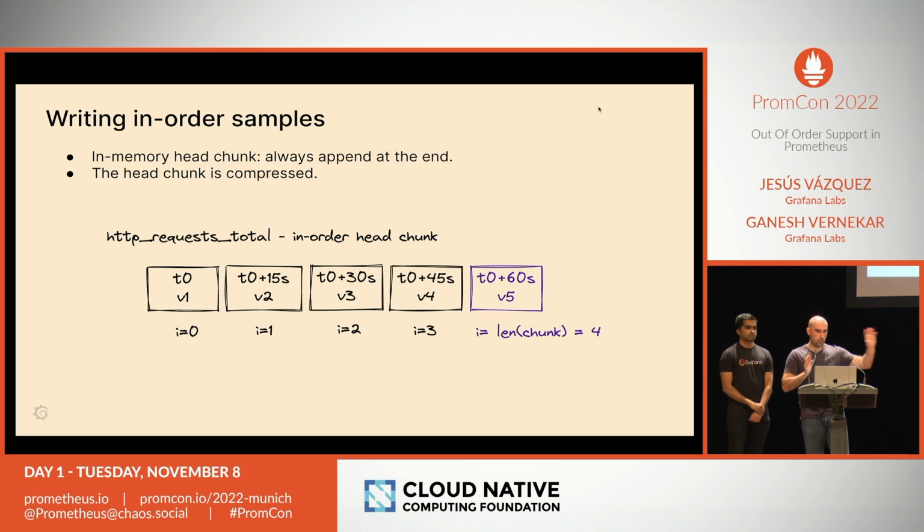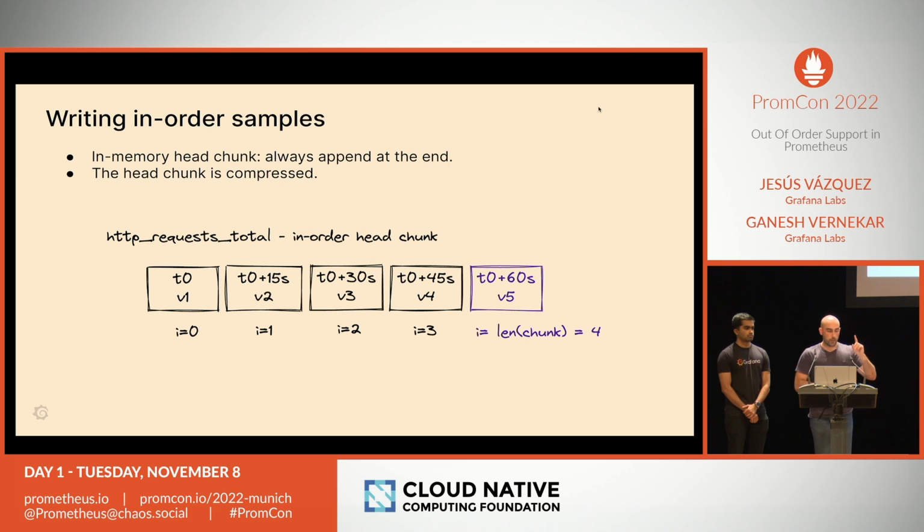We didn't need to look where to place it. This is very performant on the writes because you just write at the end. You only need to look up the series. Because of this, you could also compress the data and keep it compressed. So when a sample comes in, you just encode it and compress it at the end. You don't need to decompress anything. That's very nice because it allows you to keep a small memory pressure while you keep ingesting all the data.